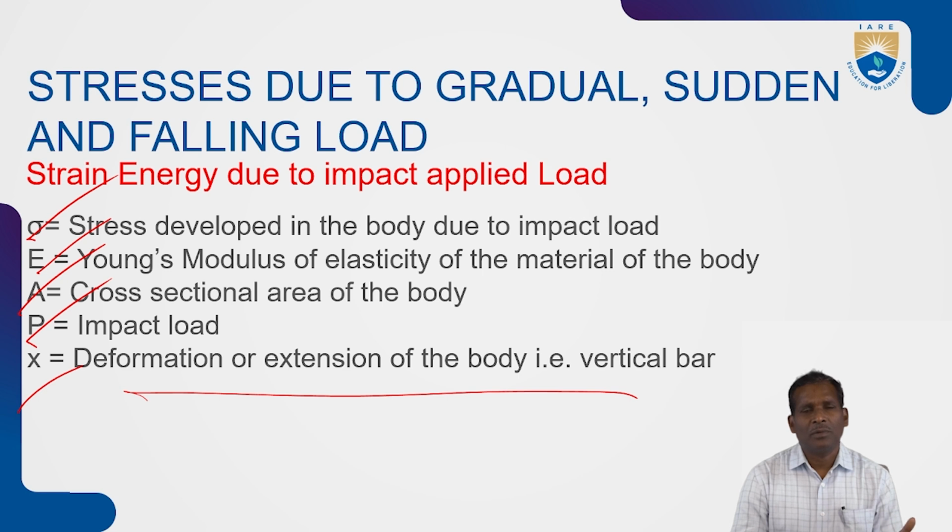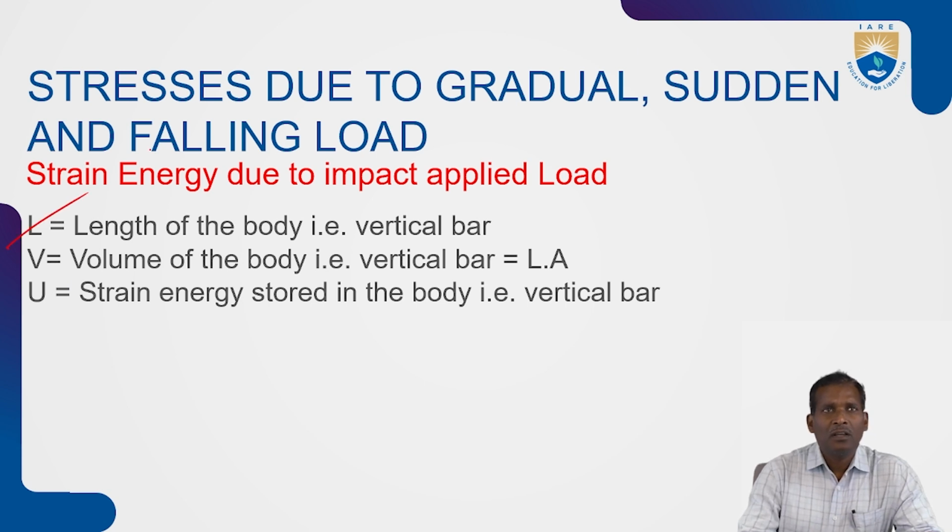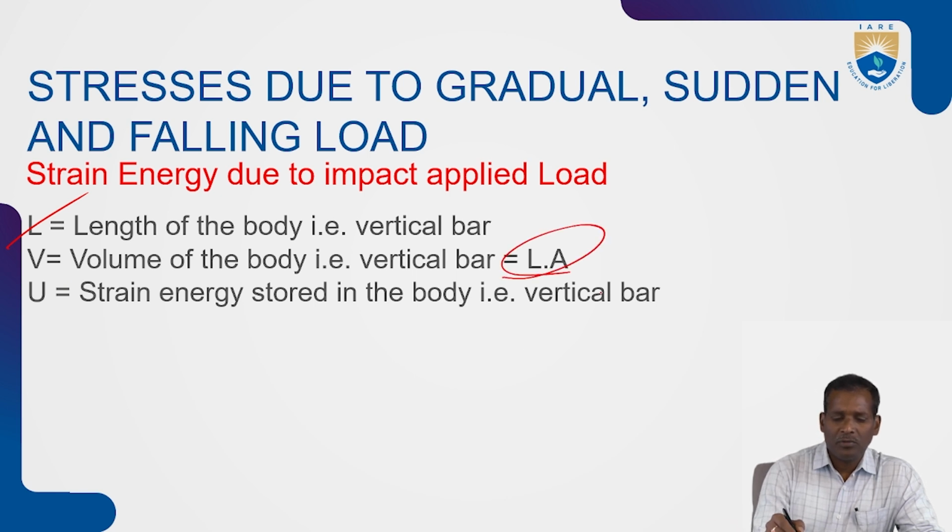In the first case P is a gradual load, in the second case a suddenly applied load, and in the third it is an impact load. X is the deformation or extension of the body whenever this load is released. L is the length of the body, that is the vertical bar.